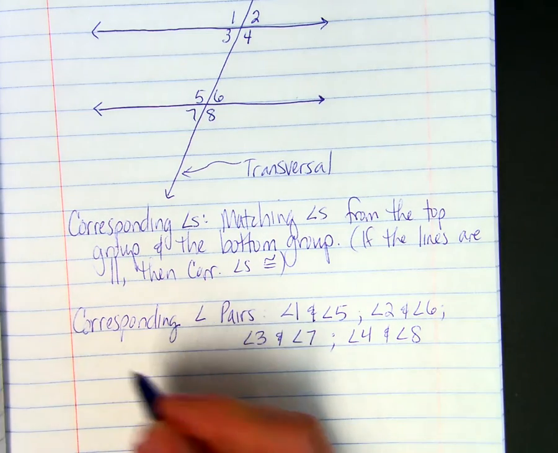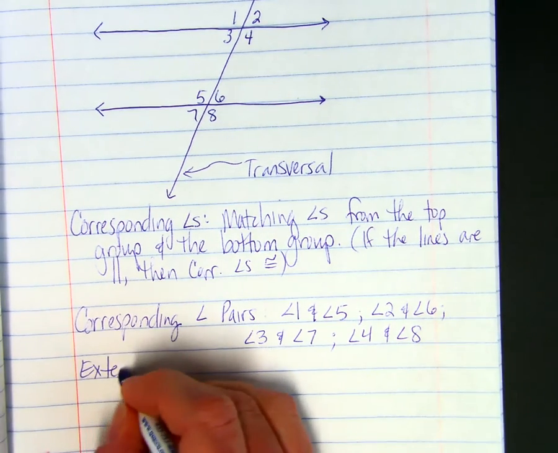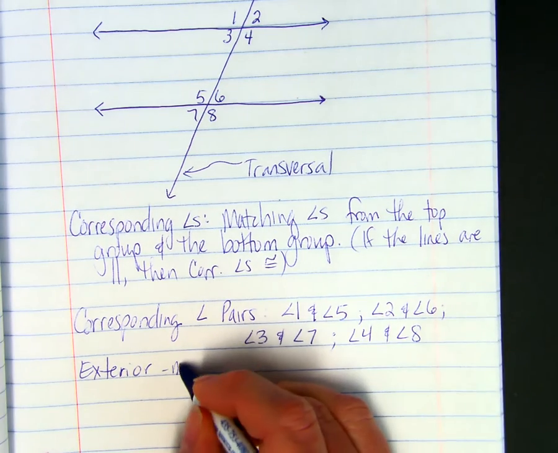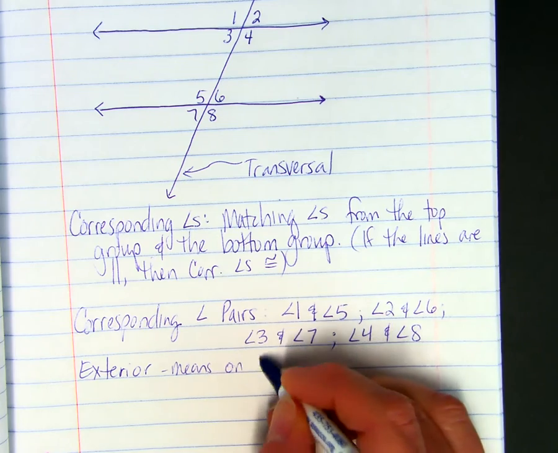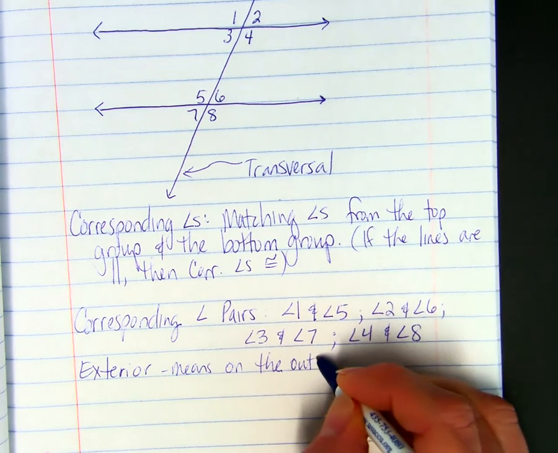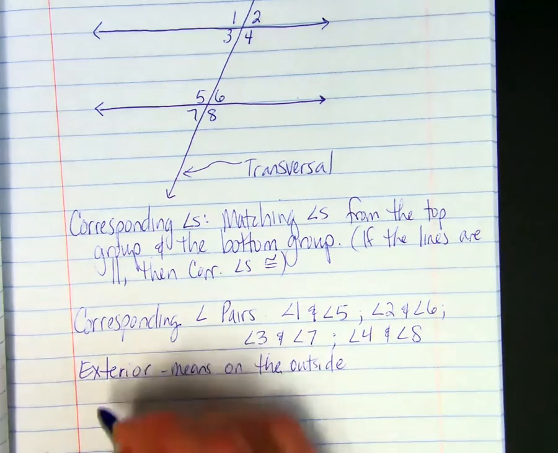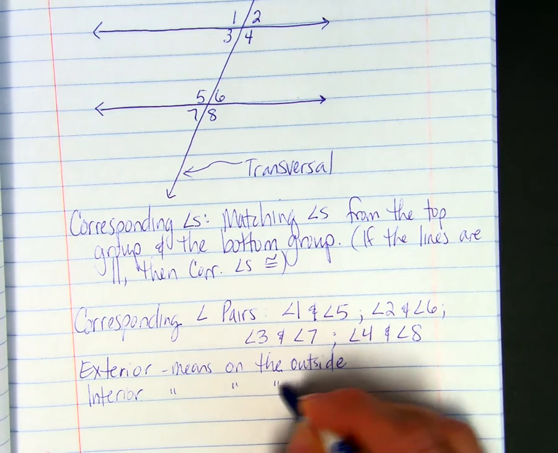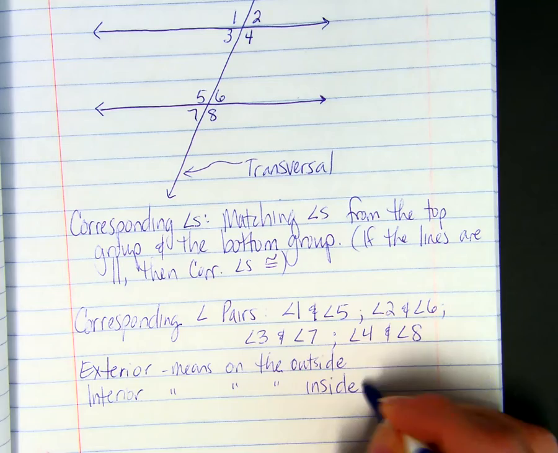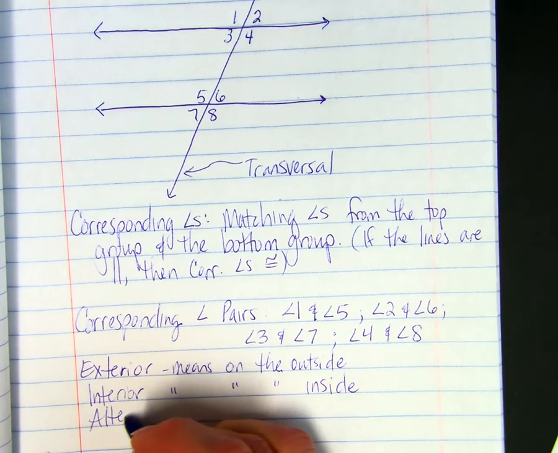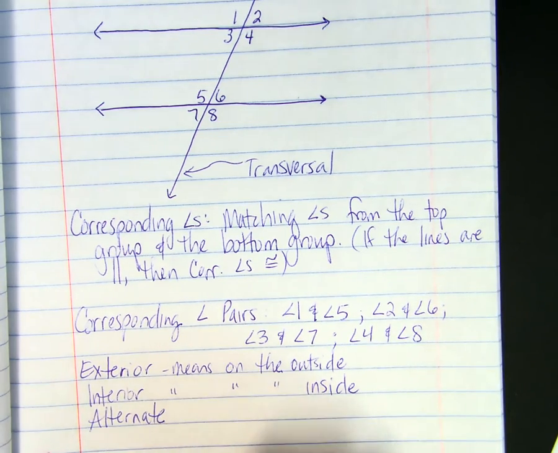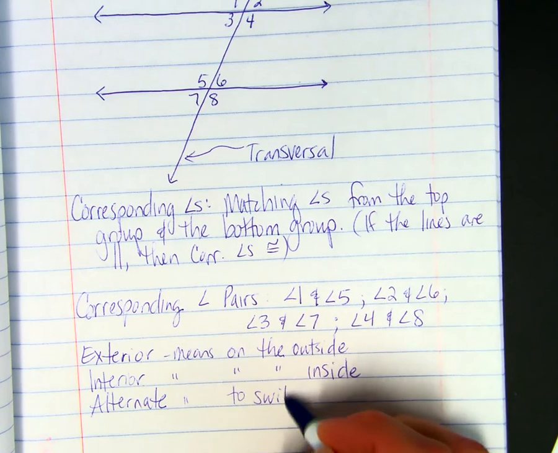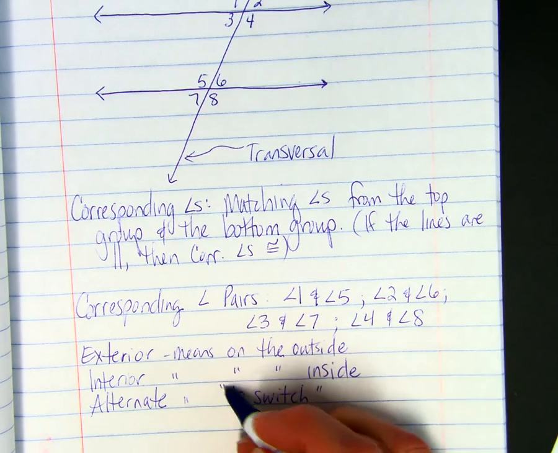Now, exterior means on the outside. Interior means on the inside. And alternate, a word I think you're very familiar with, means to switch places.